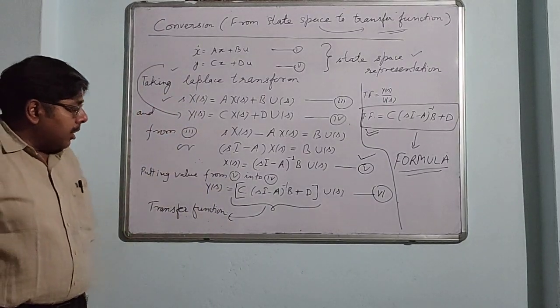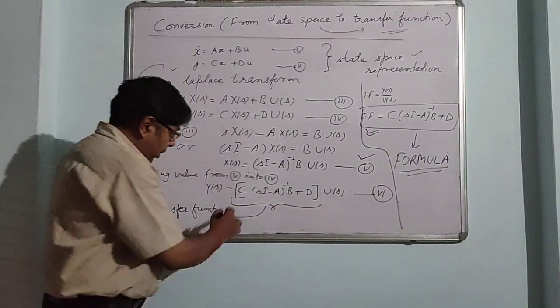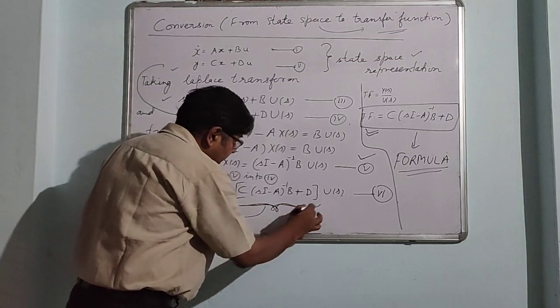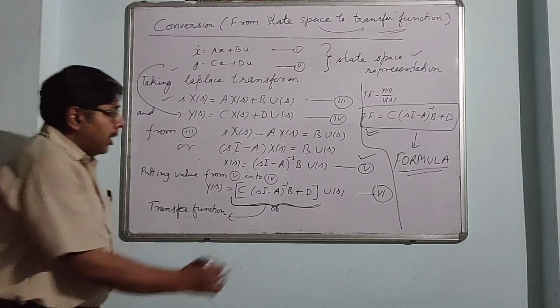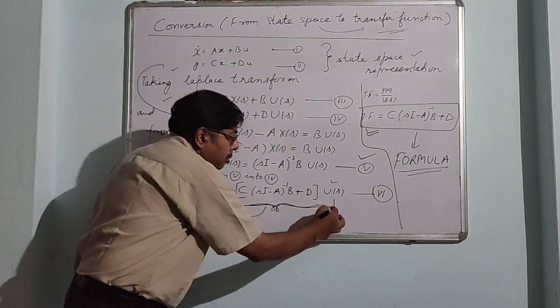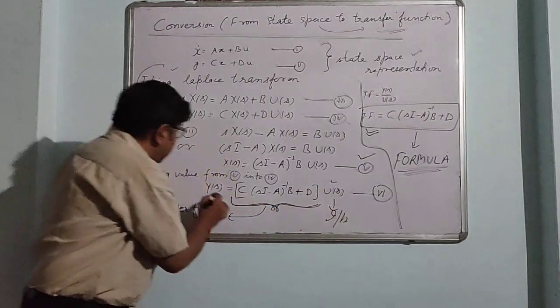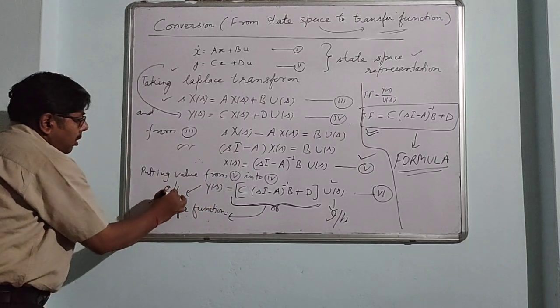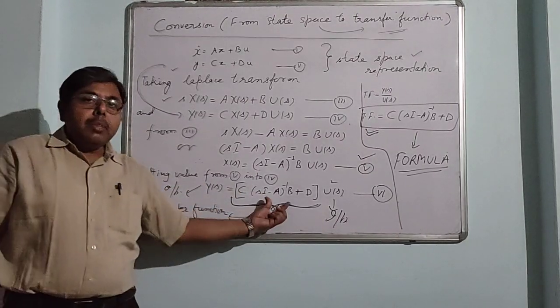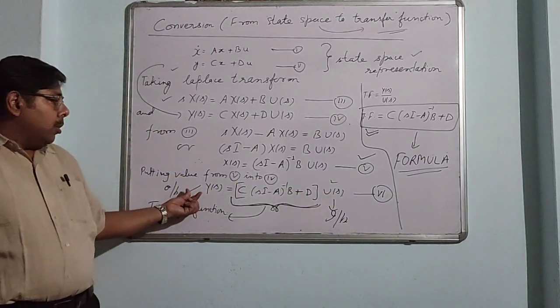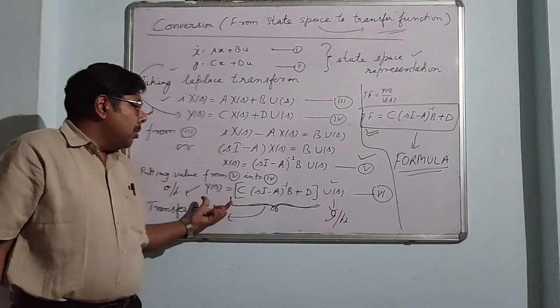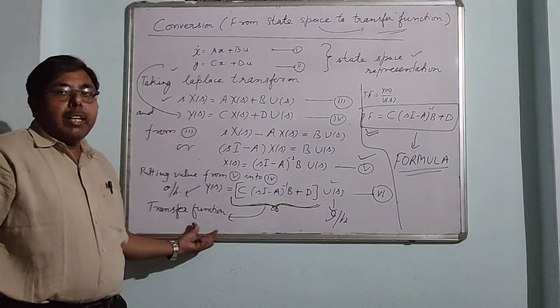And in this equation number 6, this part is the transfer function, because this term relates input to the output. This is the input and this is the output. So these are vectors. So this is called the transfer function vector.